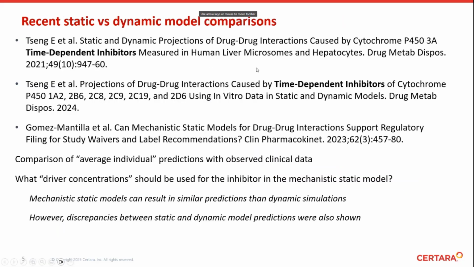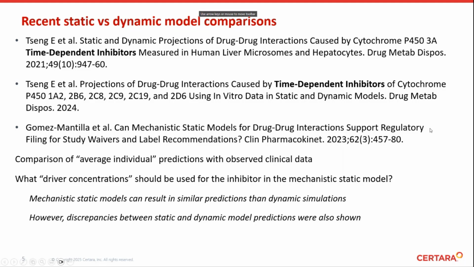And just to mention a few of those papers that have been addressing these questions from some angle. There are a couple of papers from Pfizer, if I'm not mistaken, addressing time-dependent inhibition of CYP3A4, and then in another paper, other P450 enzymes, comparing static and dynamic models.